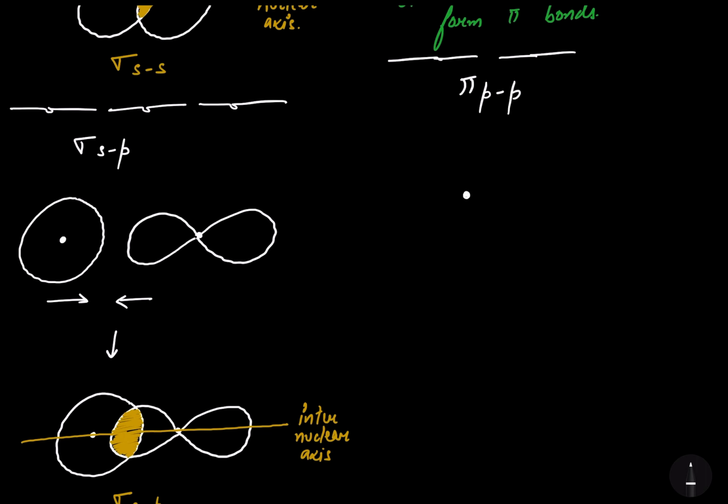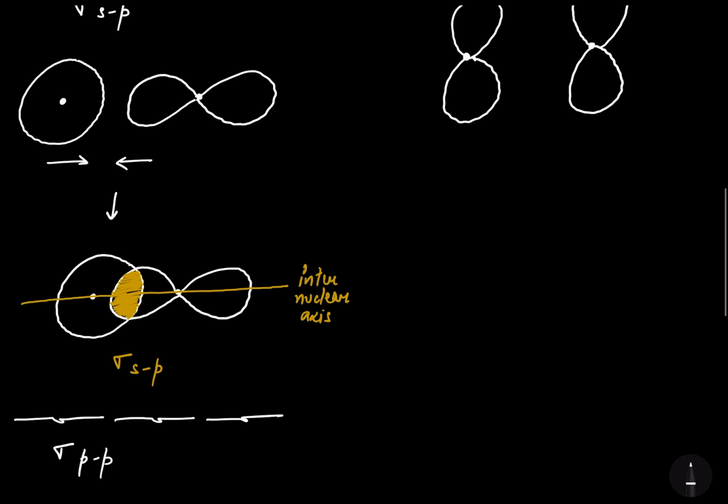This is the nucleus of the first element, and that's the p orbital of the first element. Now, this is the nucleus of the second element, and that's the p orbital of the second element. Now, what's going to happen? There will be the sidewise overlap.